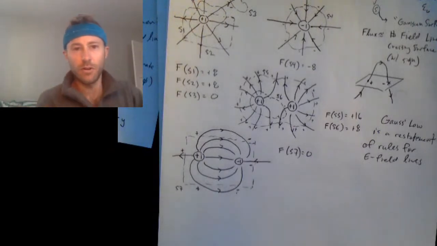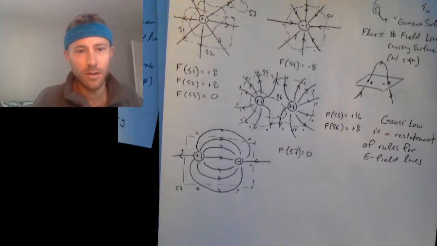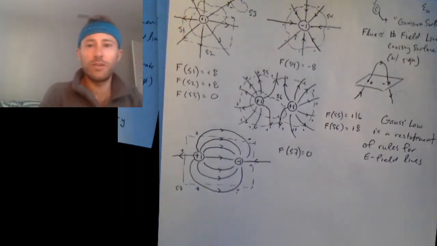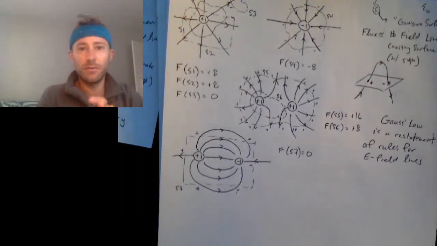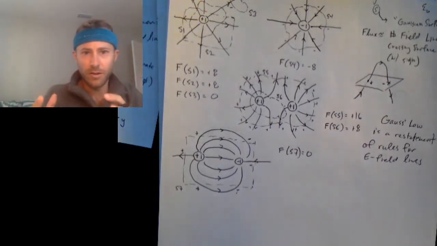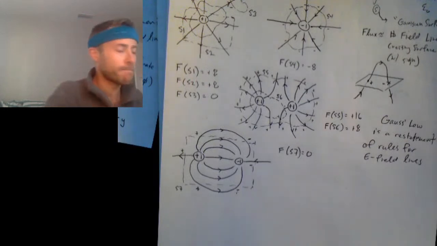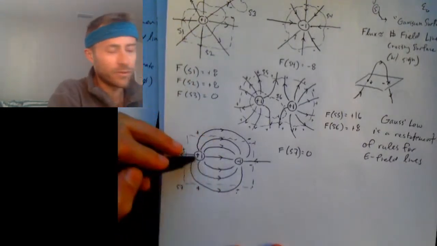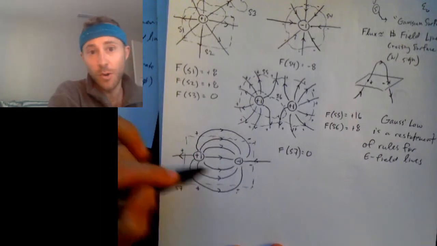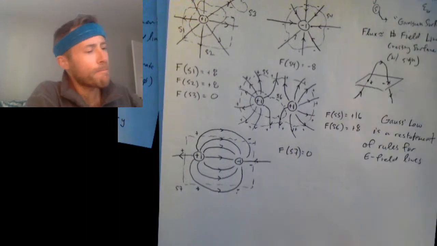And just to recall the rules for electric field lines, if you have a positive charge, the field lines go out. If you have a negative charge, the field lines go in. If you have twice the amount of charge, you have twice the amount of lines. So if you are obeying the rules for electric field lines, then you automatically have Gauss's law. Okay. And this surface, of course, encloses no net charge. It encloses a positive and a negative. All right.